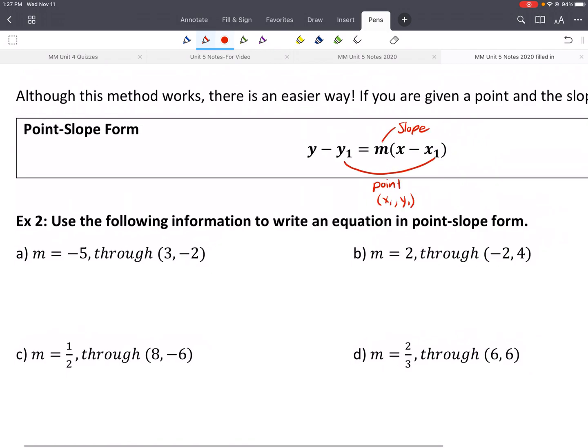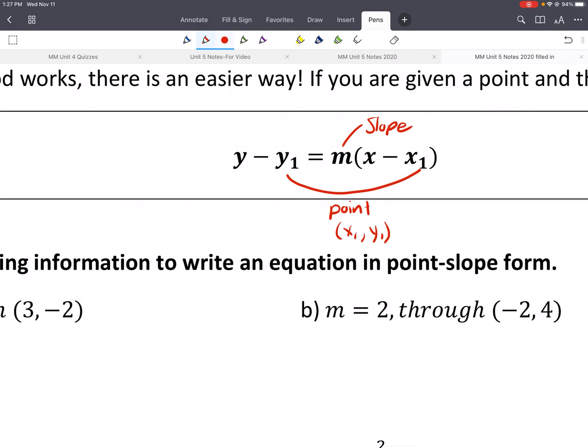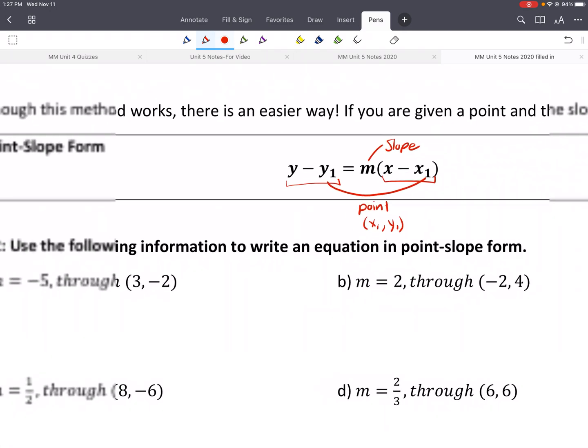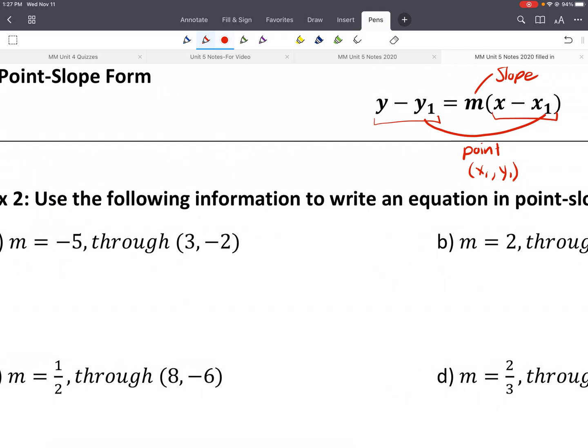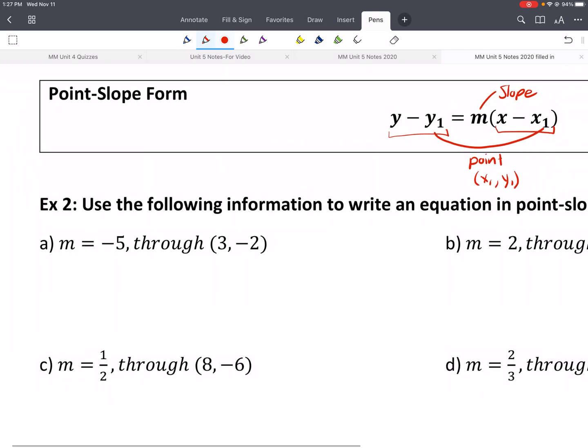One thing we need to notice is that when we have y minus y1, these are subtraction. So when you plug those in, it's going to be kind of like the opposite of what you would think. So for example, if we're going to do y minus y1, well, we could label that x1 and y1. y1 is negative, so that would be like y minus a negative 2.